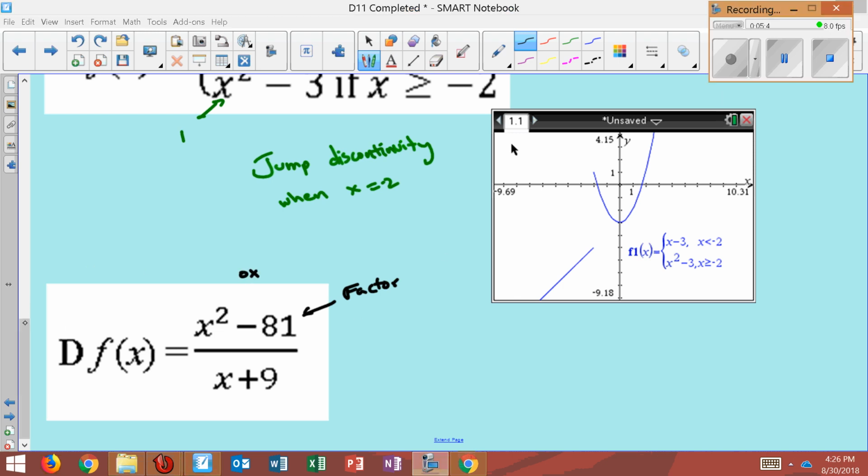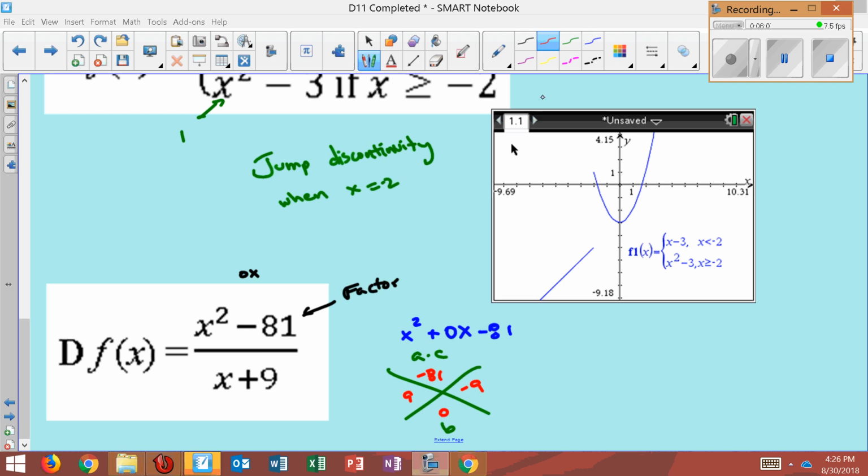It's the same thing as factoring x squared plus 0x minus 81. I'm looking for factors of negative 81 that add up to 0. That's going to be 9 and negative 9.